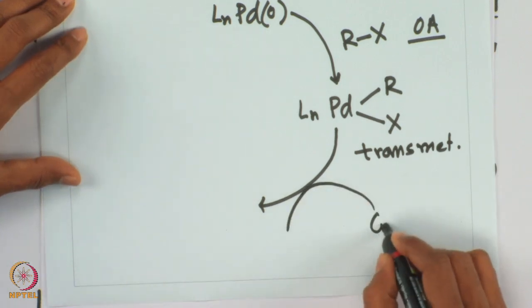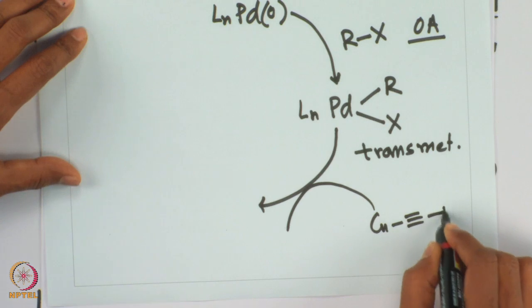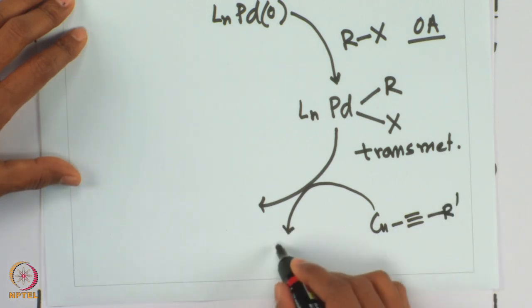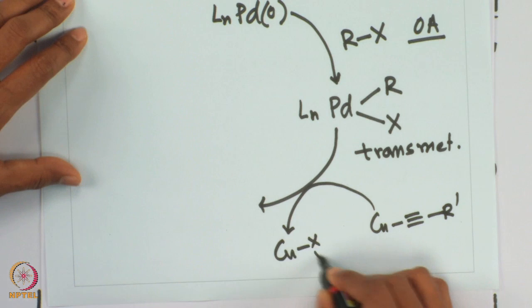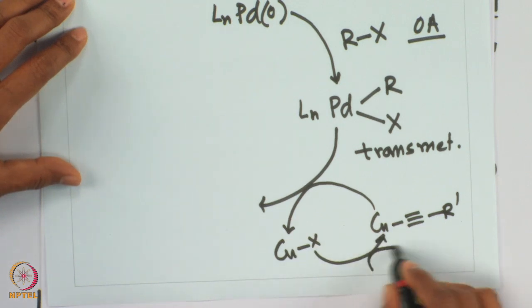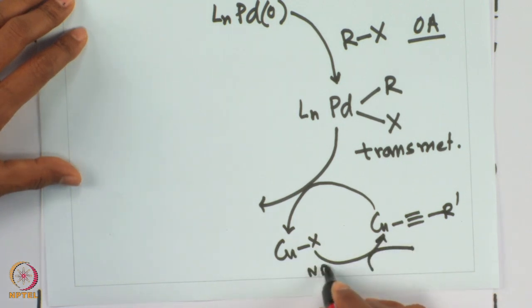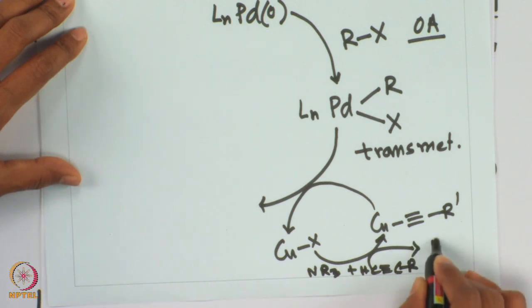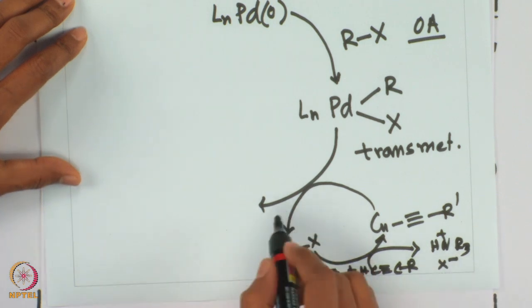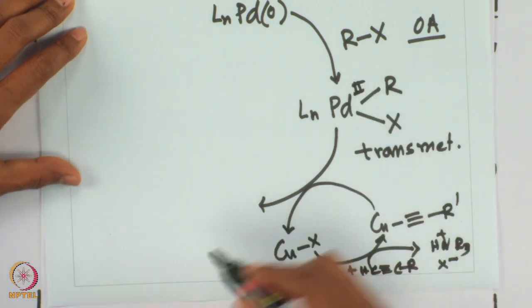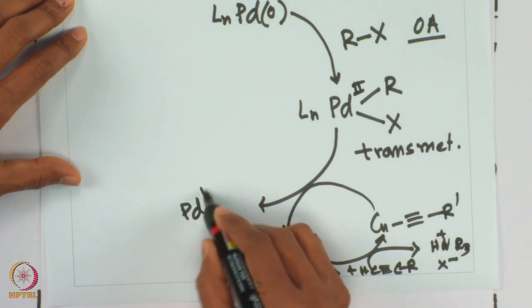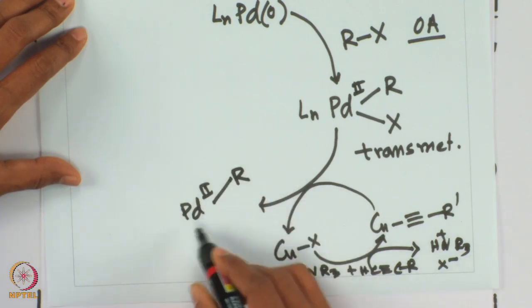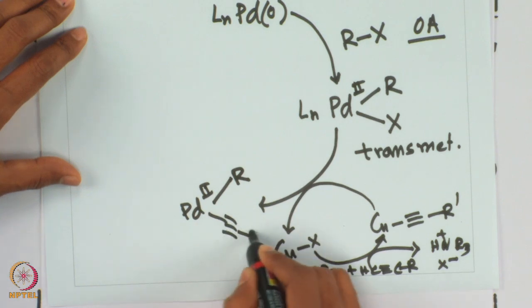We have a copper acetylide intermediate, which gives overall CuX coming out, and in the regeneration stage we have a stoichiometric amount of base plus the starting material HC, and over here HNR3X minus coming out. During the transmetallation step, this is palladium(II), and the acetylide intermediate is involved.